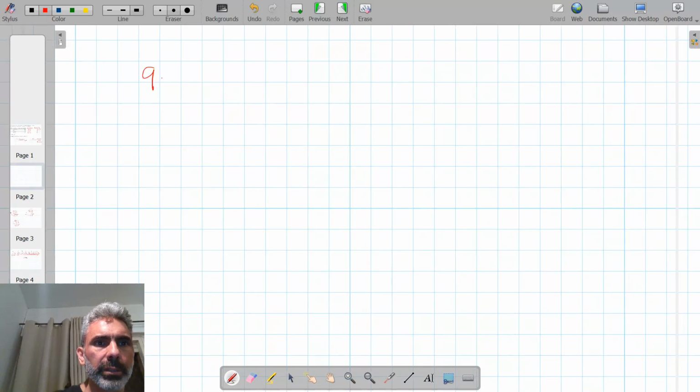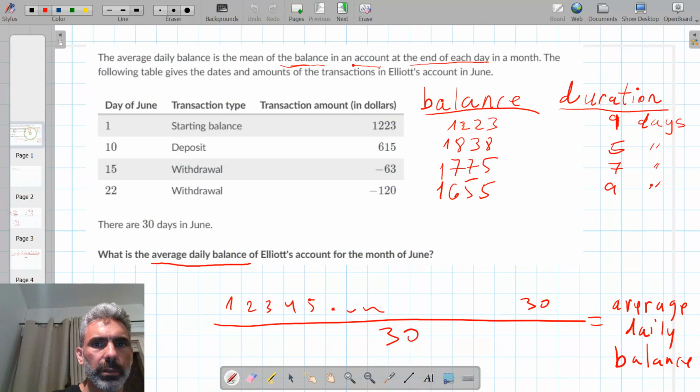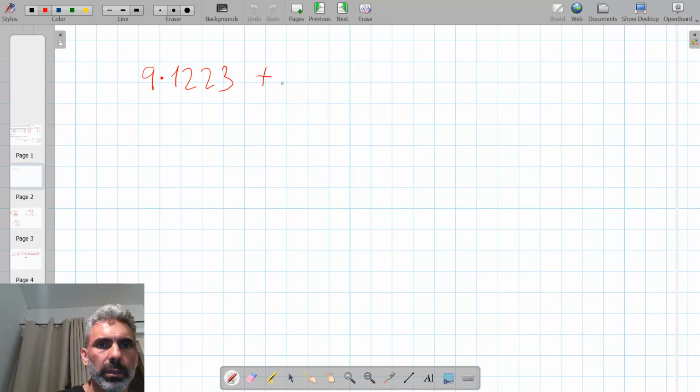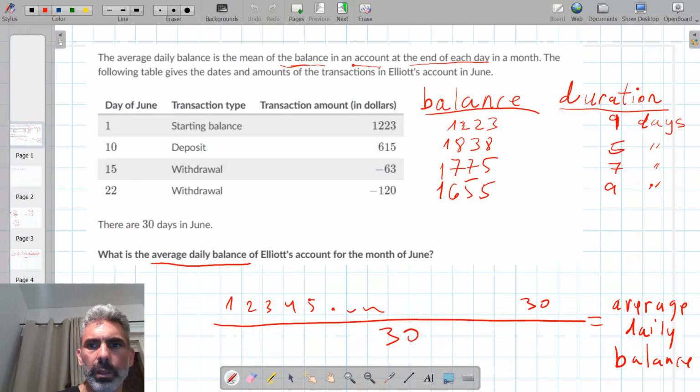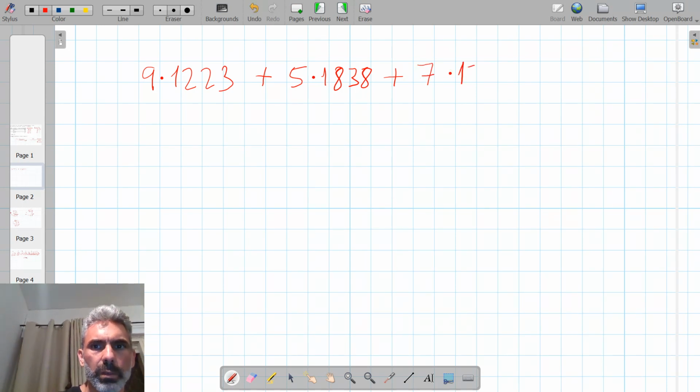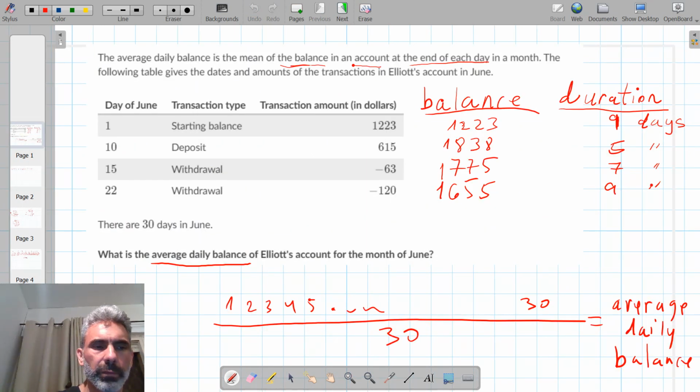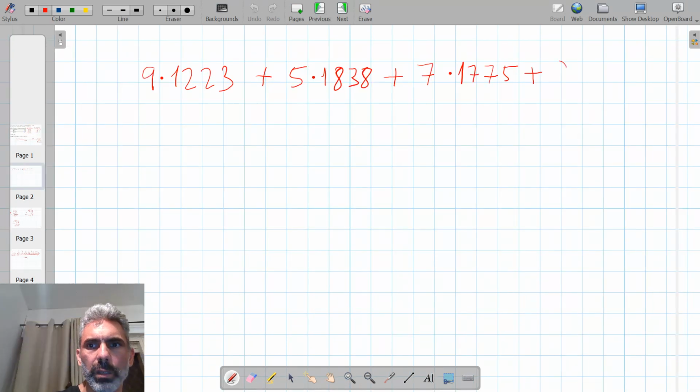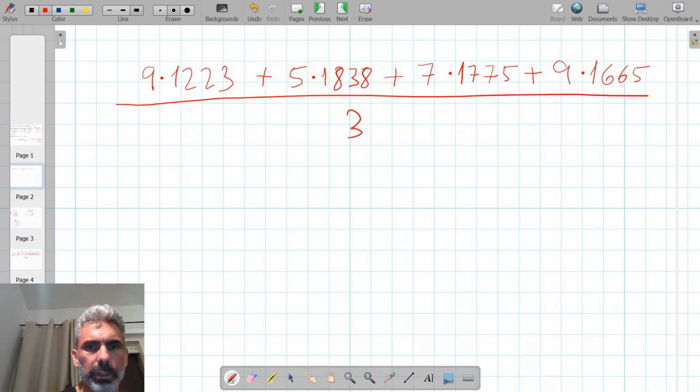Okay, so we said that for 9 days the balance was 1,223, plus 5 days the balance was 1,838, plus 7 days the balance was 1,775, plus 9 days the balance was 1,655. 9 times 1,655, and we need to divide this by 30.